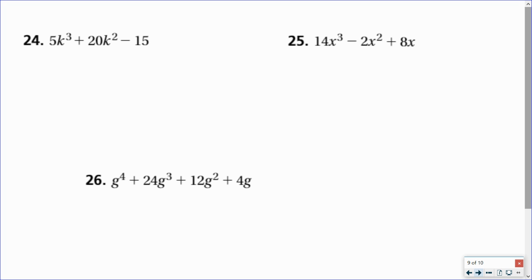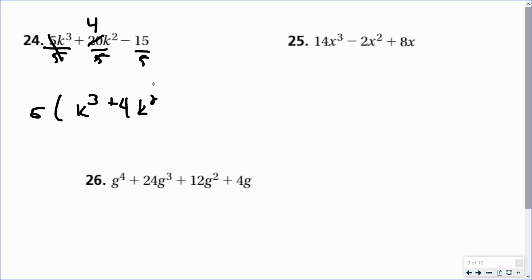Okay, for this one, no letters. Okay, so let's take out a 5, it looks like. 5, 5, 5. Those are gone, so this is k to the third. It's 4. It's 3.